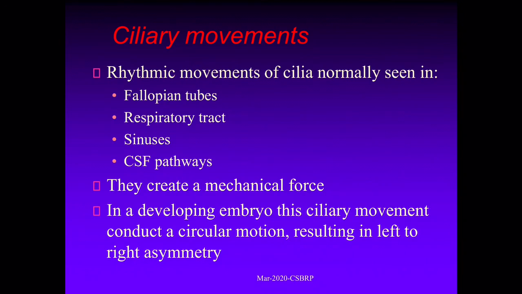When the embryo is developing, the ciliary motility, the rhythmic movements of the cilia, is associated with rotation of different structures, and this rotation is responsible for the proper situation of the different organs in the body. So any ciliary abnormality which impedes the motility may not facilitate this normal development and location of the structures, and because of these immotile cilia, the organs may be erratically located.